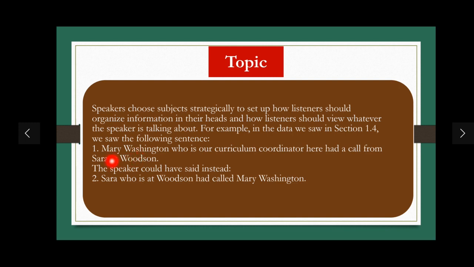So due to the higher position, the attention is given to Mary Washington. And due to the lower status, the attention is not given in the first sentence to Sarah, because Sarah is used as a predicate. So this is very important and very interesting to understand how the subject is used, because all information is surrounded by the subject.